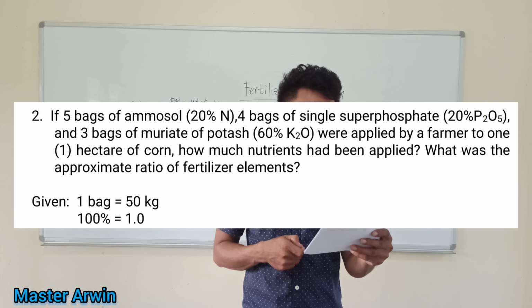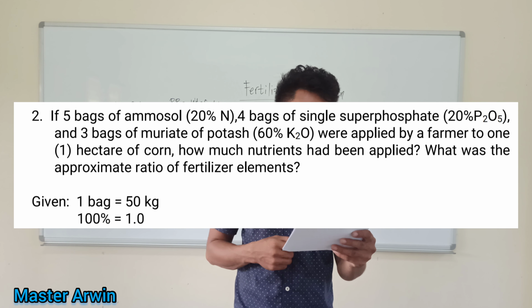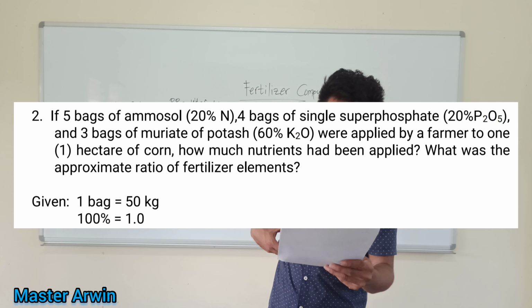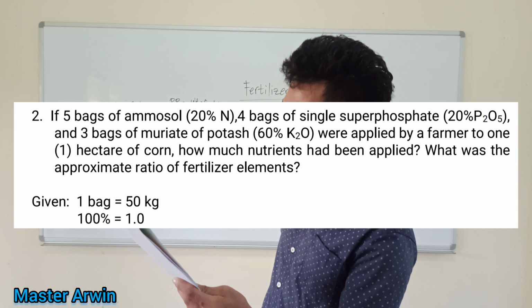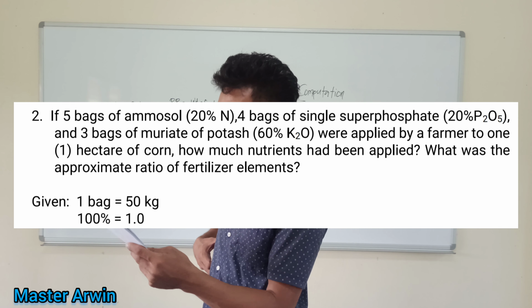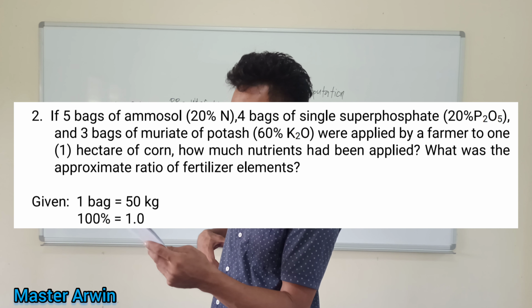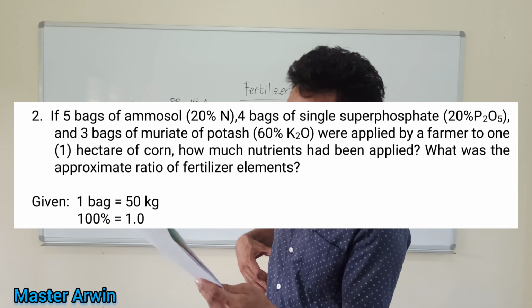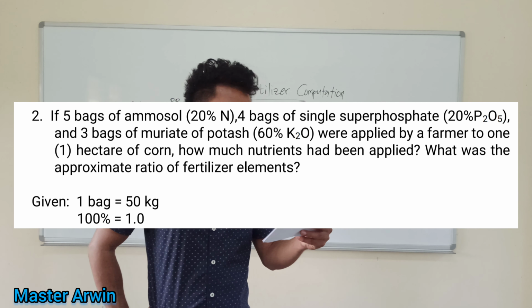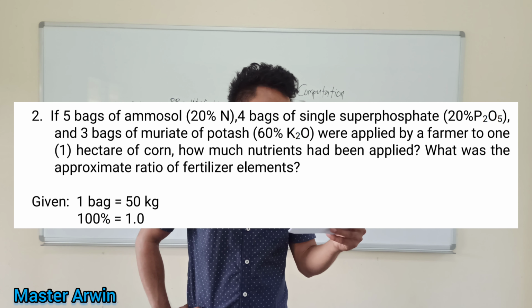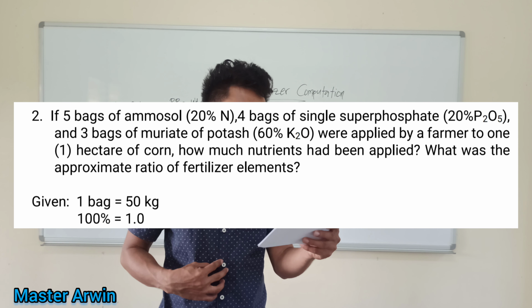If a bag of ammonium sulfate with 20% nitrogen, 4 bags of single superphosphate having a 20% phosphorus, and 3 bags of muriate of potash having a 60% potassium were applied by a farmer to 1 hectare of corn.